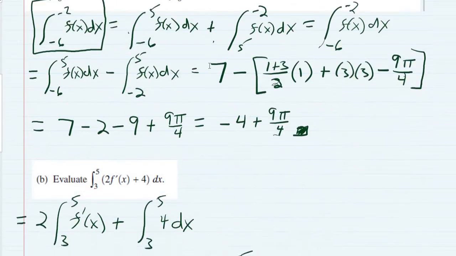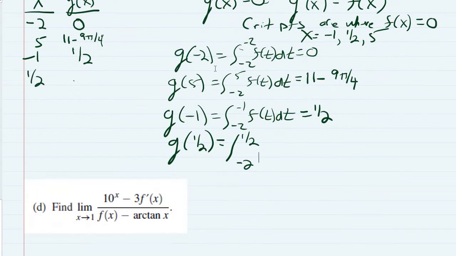It's negative because that triangle was underneath the x-axis. All right, so which is the largest value? Well, 9 pi over 4. If we use 3 for pi, 27 over 4. So most certainly this is going to be the largest value, because this ends up being maybe around 4 or 5.